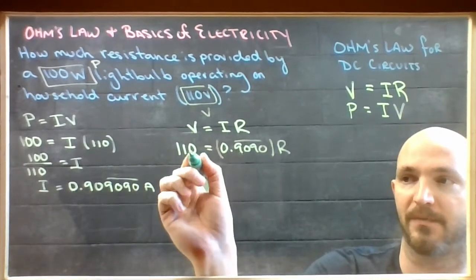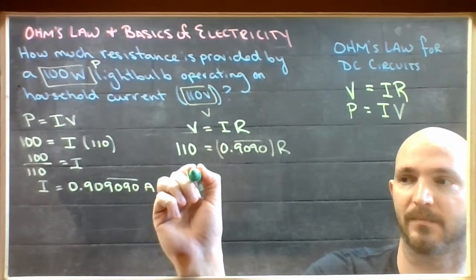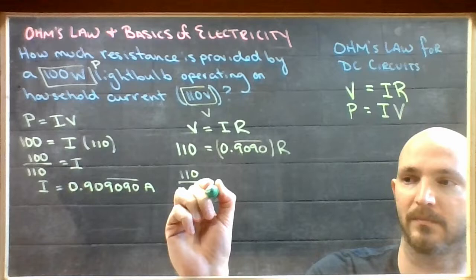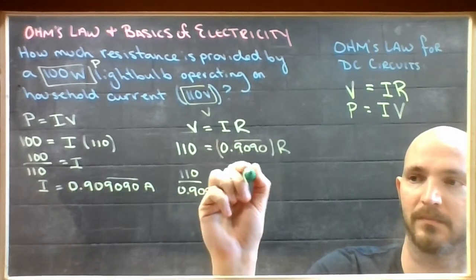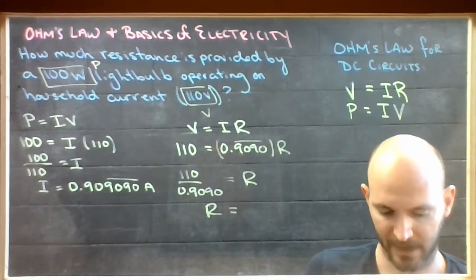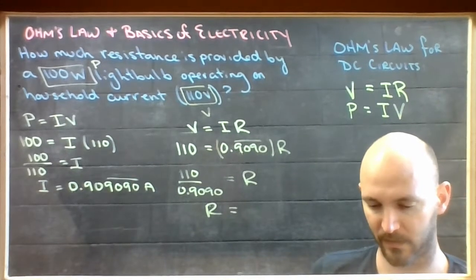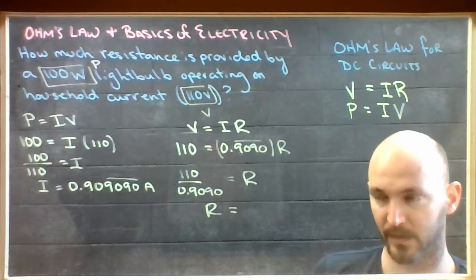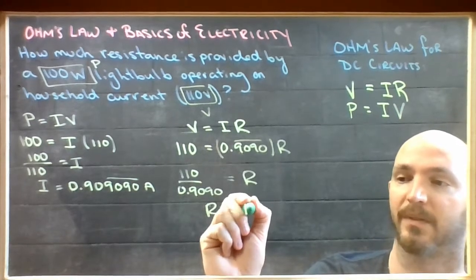So I just have to divide this by this. And if you have kept all of the digits in your calculator display, you end up with 121 ohms.